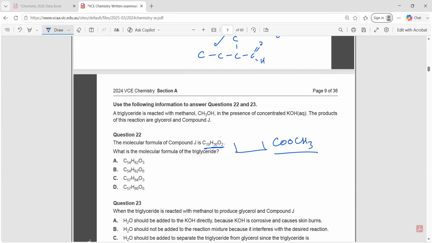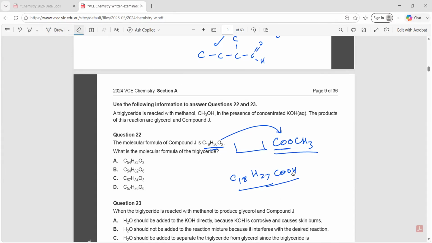So the fatty acid bit would be that minus that, because that's the ester bond, and in that is the alcohol bit. So we need to get this part. That would be C18, H27. So that's the initial part. That's the fatty acid bit. And then COOH, right?